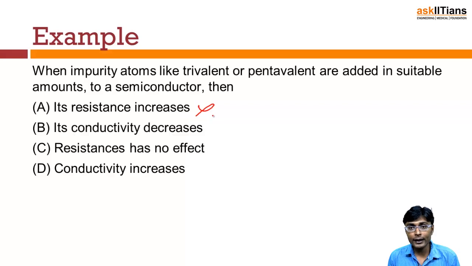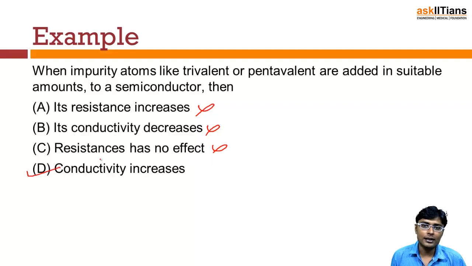Its conductivity decreases is an opposite option, I should say. This is also not a correct answer. Resistance has no effect is also not appropriate. And so the correct answer is option D, conductivity increases, right?